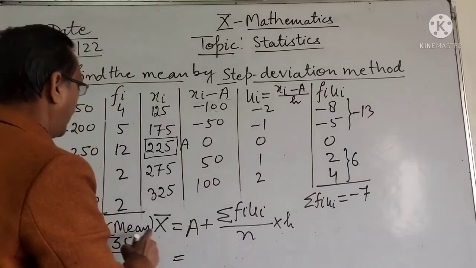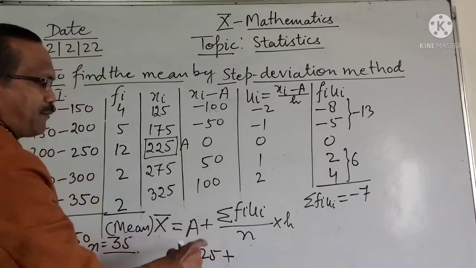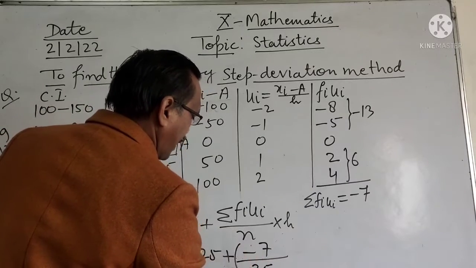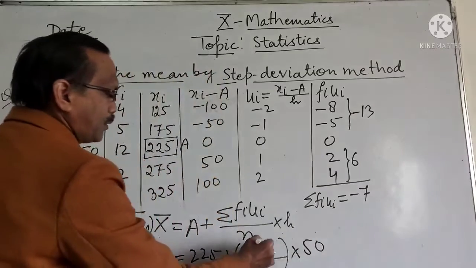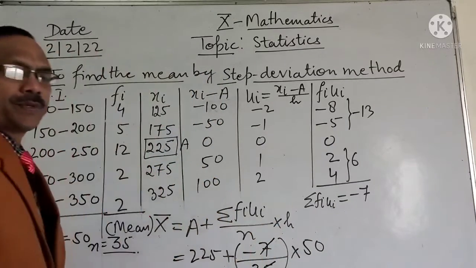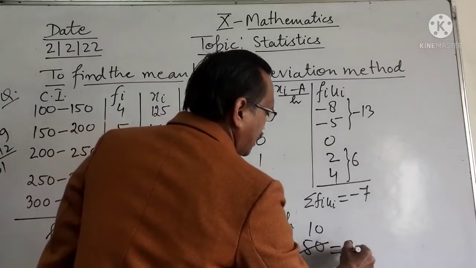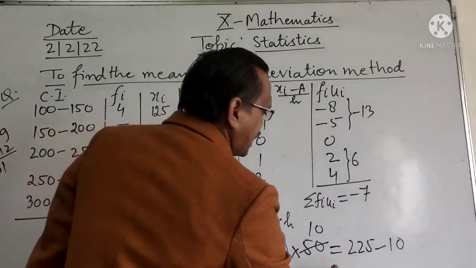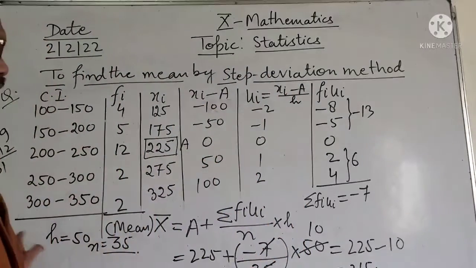Then A is 225 plus sigma fi ui, which is minus 7, upon n, which is 35, into h, which is 50. Now 7 fives are 35, and 5 times 10 is 50. So it is 225 minus 10, and the mean is 250. The mean of the given data is 250.